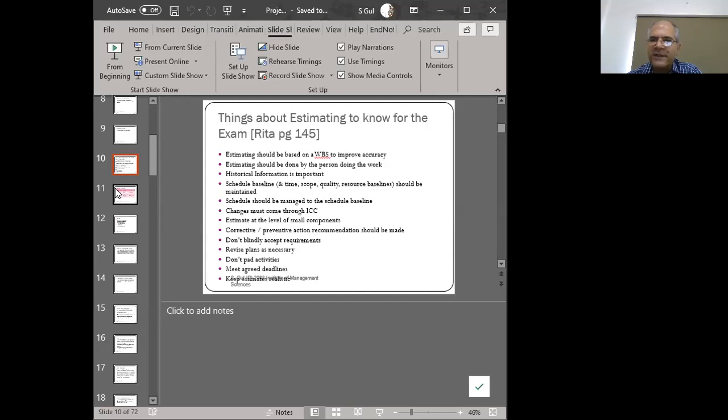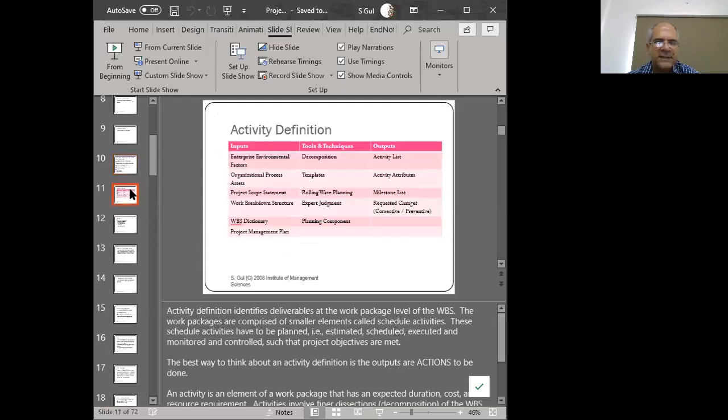So if we pad activities and we're showing something to be 60 hours in length as opposed to 40 hours, then that 20 hours additional will become billable. So that is going to increase the cost of your project for no good reason. And then the cost baseline is going to get violated, because you may actually end up performing the work in 40 hours. So then the question is, what happened to those 20 hours of extra payment that you had scheduled for, right? So that creates a mess for us. Make sure that you meet your deadlines and make sure that your deadlines are realistic.